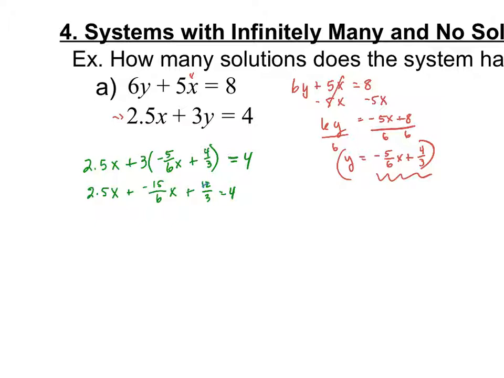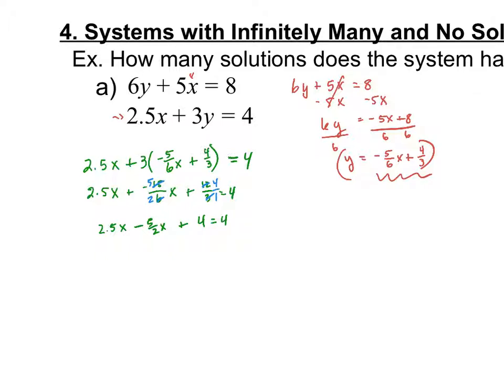Now we know that this is going to simplify down to 4 over 1, and this is going to simplify down to 5 over 2. So in doing that, I'm going to have 2.5x minus 5 halves x plus 4 equals 4.